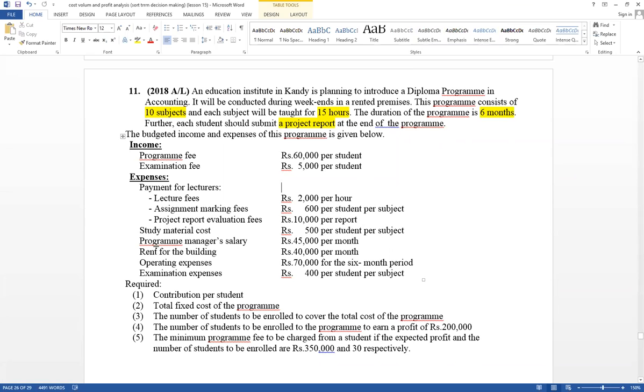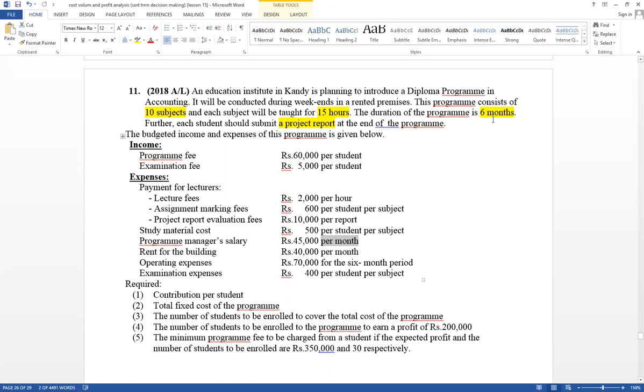And next one, program manager salary 45,000 per month, not per student. It does not vary with the number of students. It does not depend on the number of students. Therefore this is not variable. This is a fixed cost, but given per month. There are 6 months available. If it is a fixed cost, the total fixed cost should be calculated.